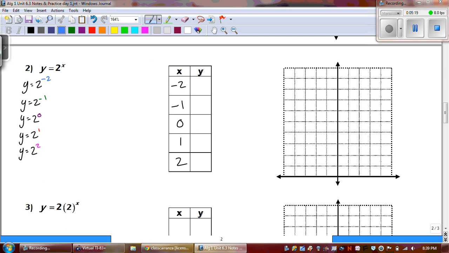Those are the numbers that are changing.